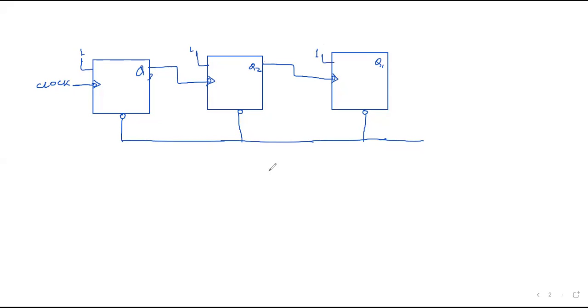Another connection is that here we have a Q2 bar and here a Q4 bar. We have one more data output. So which gate is this? Yes, this is a NAND gate and it is connected with these inputs.